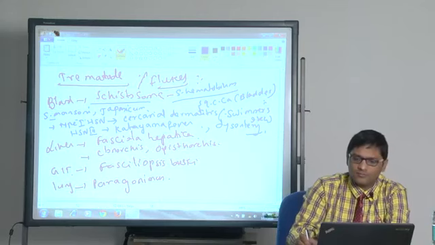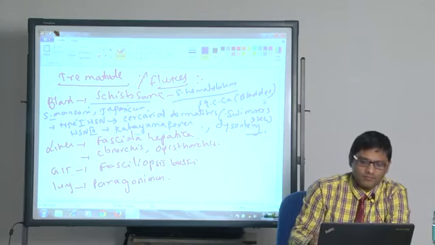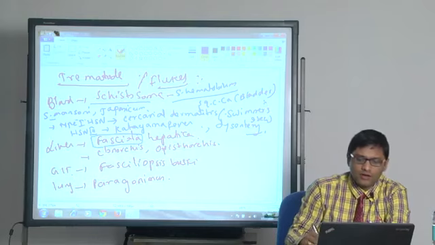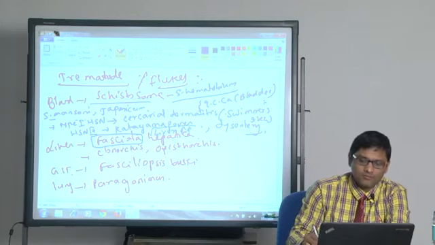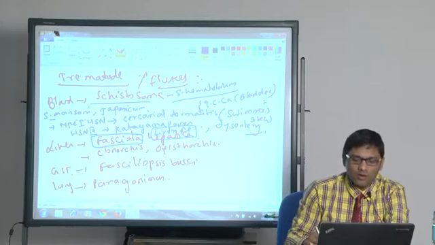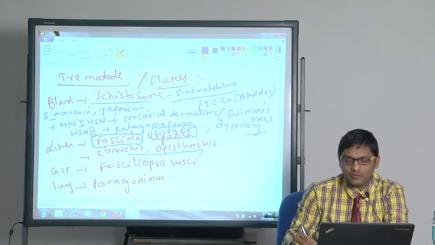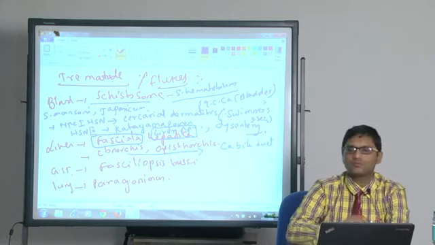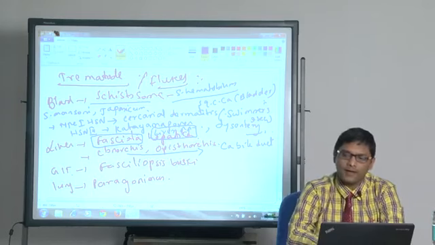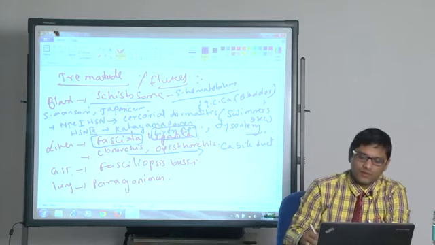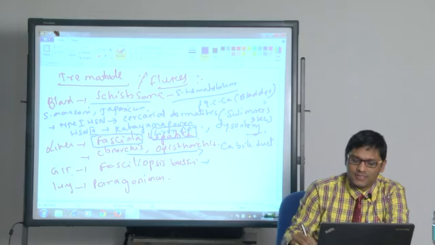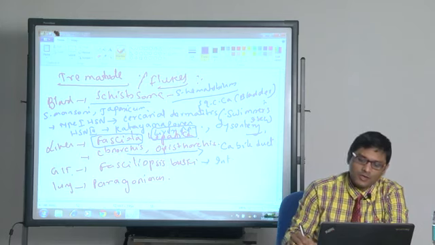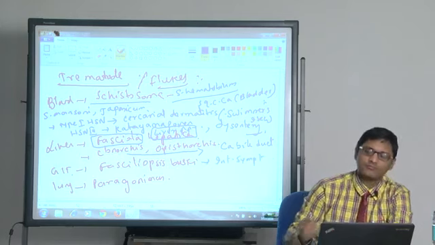Liver fluke, Fasciola hepatica, can cause hepatomegaly, liver enlargement. Clonorchis and Opisthorchis can cause carcinoma of the bile duct. Fasciolopsis buski is a GI fluke, so you will have all sorts of intestinal manifestations.